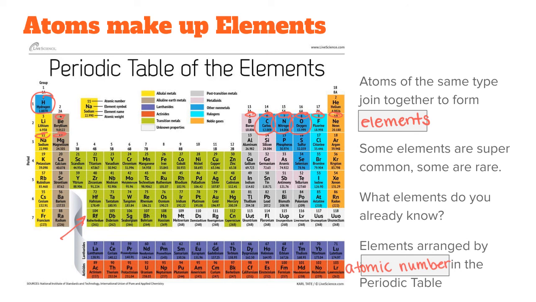Those numbers are the atomic numbers. And if you remember from before, the atomic number is the number of protons in an atom. So that number tells us how many protons are in the atoms that make up those elements. Okay, that's one way that the periodic table is arranged. We will talk about more ways in our next lesson.